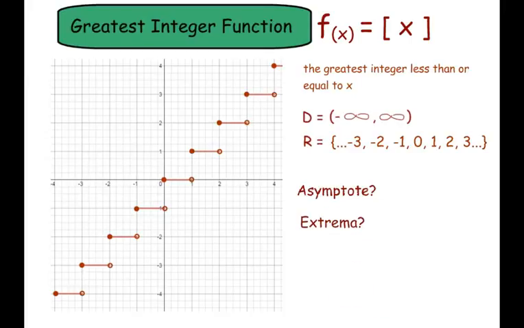It's got no extrema. And it's tempting to say it's odd, for if we folded it on the x-axis and then folded it on the y-axis, it looks like it would land right on top of itself, but the open circles would then land on top of the closed circles. And so it is neither even nor odd, neither.